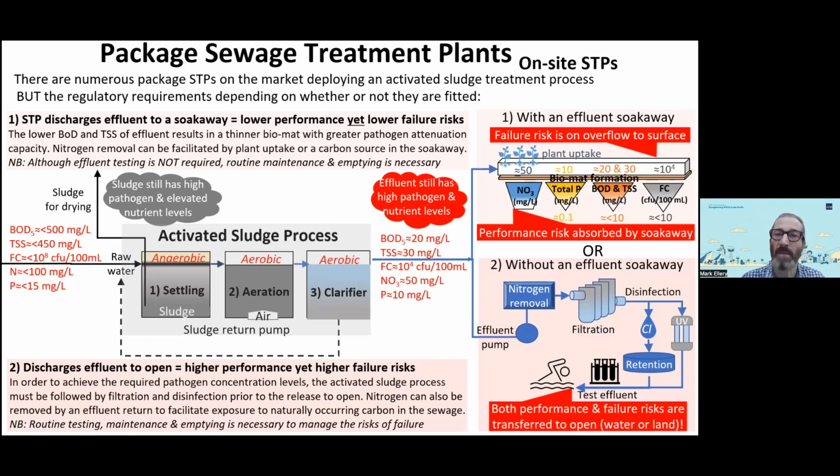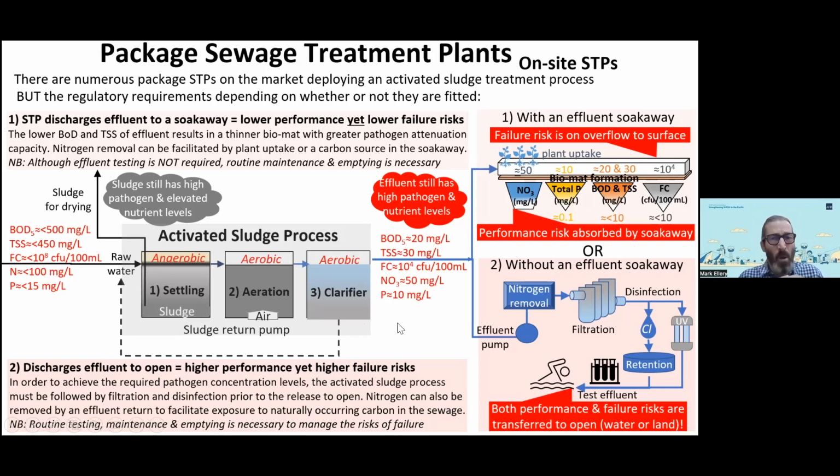The reason being that if you have one of these systems that discharges to receiving waters, in the event of a failure there is no indication that the system has failed. So it carries much higher regulatory risks, and also much higher operation and maintenance requirements, as well as much higher testing requirements.